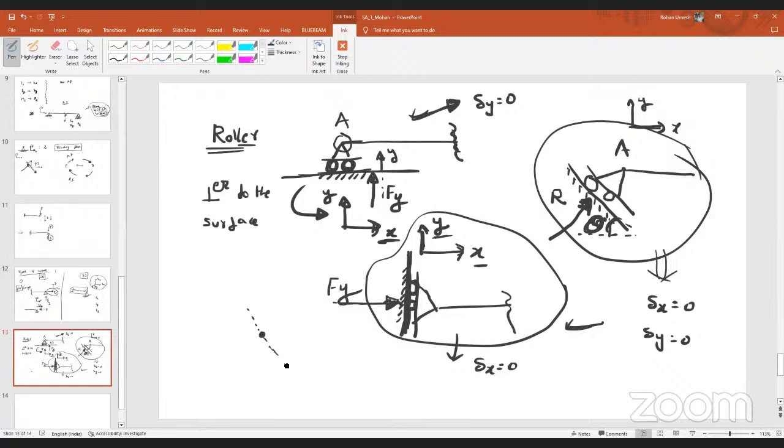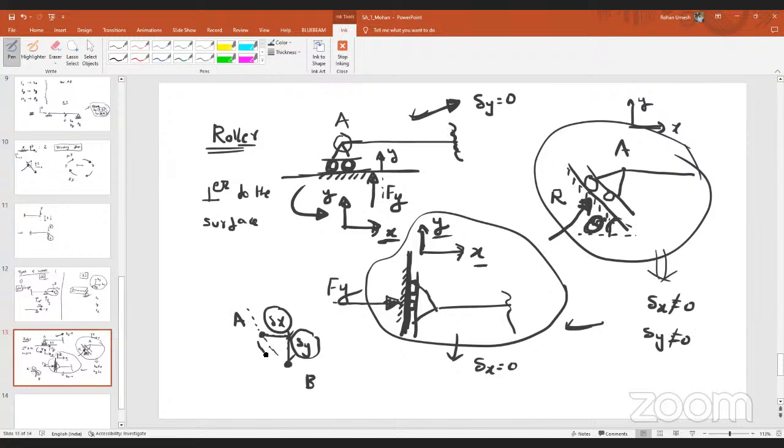Imagine that this point has moved to somewhere here. This is point A initially, and this is the point B. That means if you are talking about an inclined surface, delta x is also possible, delta y is also possible. That means these are not completely zero.